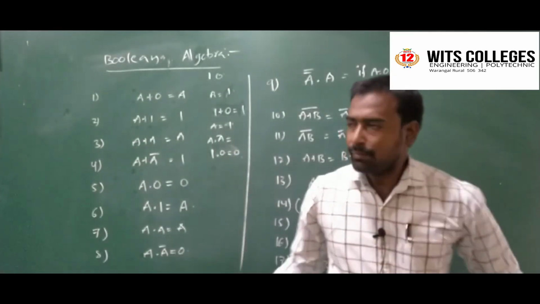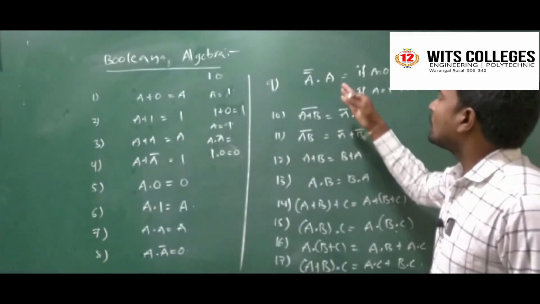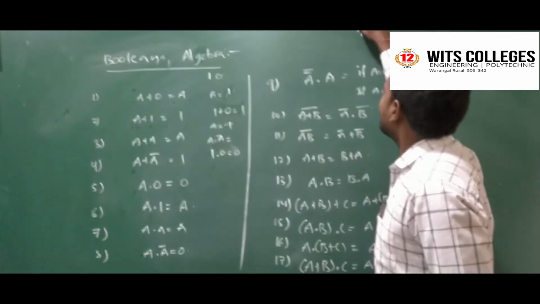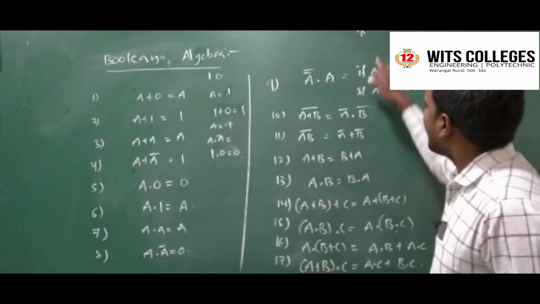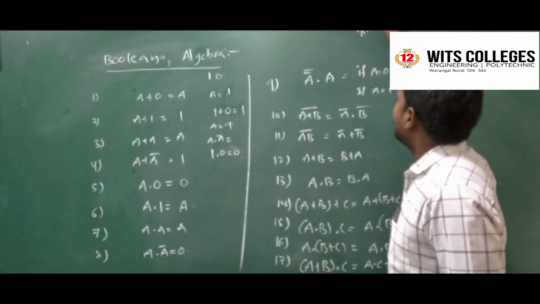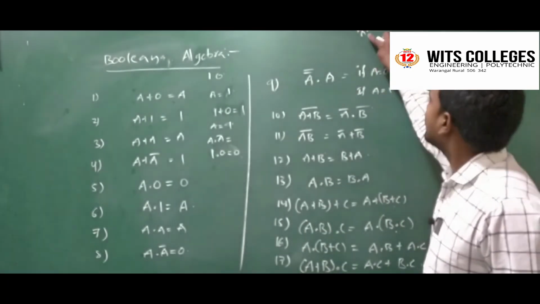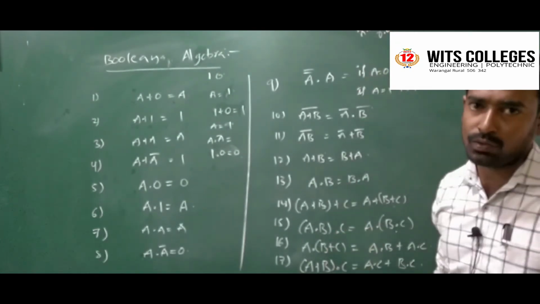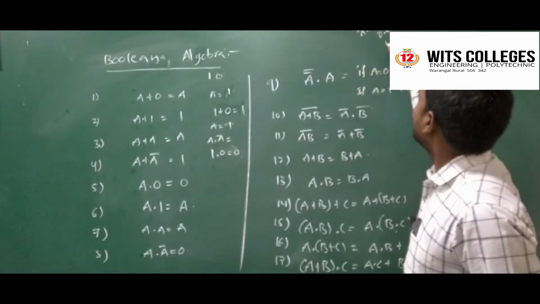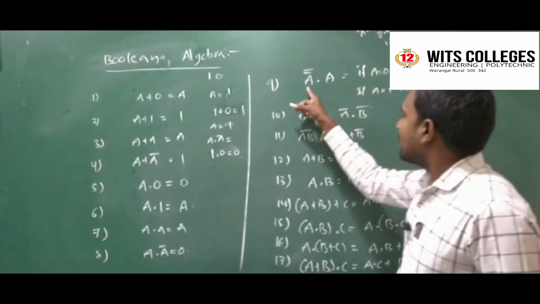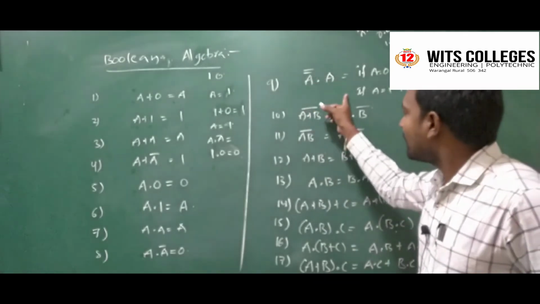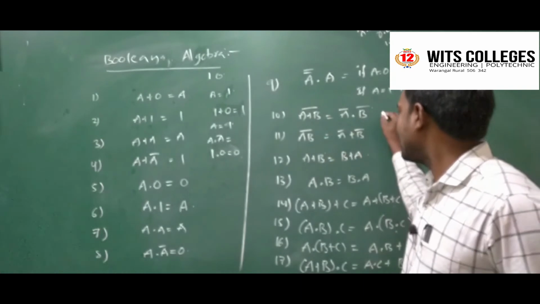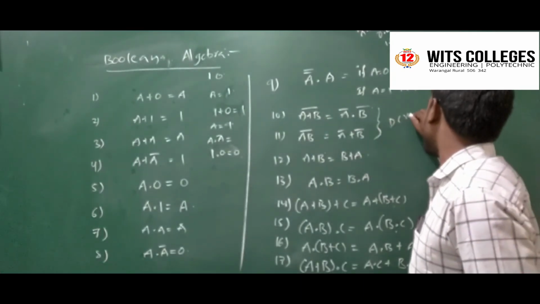Next, A double bar into A: the double bar means both bars cancel, and A into A is 0 for 0 and 1 for 1. So A double bar into A gives whatever the A value is, the output repeats.